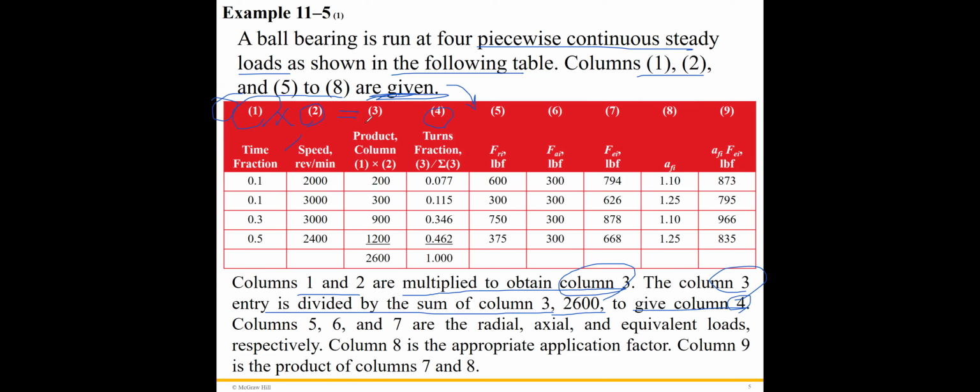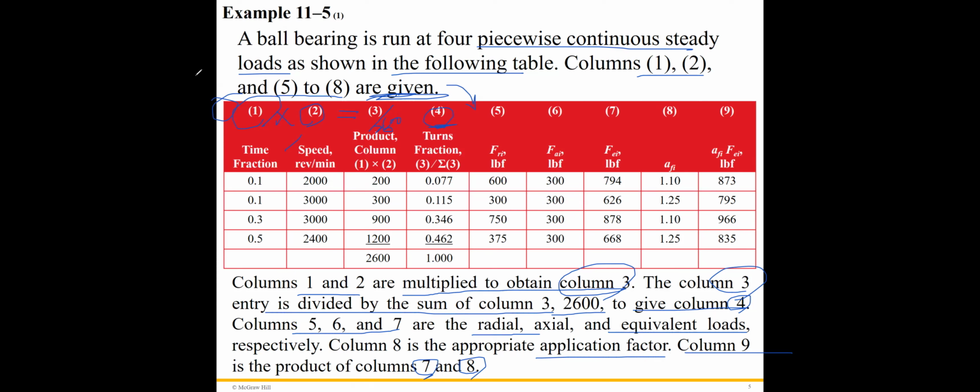Columns 5, 6, and 7 are the radial, axial, and equivalent load, respectively. Column 8 is the appropriate application factor, and column 9 is the product of column 7 and column 8.